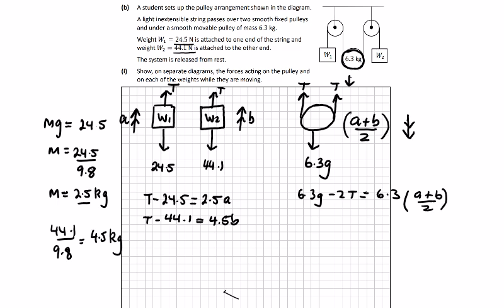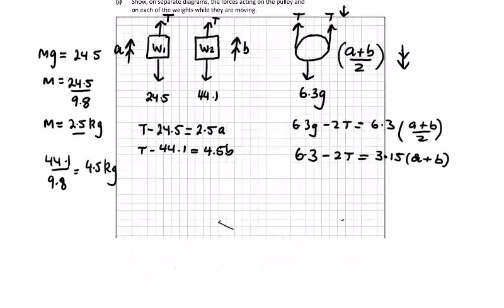So maybe the best way to do this is to get A plus B. 6.3 G minus 2T will be equal to 3.15 times A plus B. 3.15 divides into 6.3. It doesn't divide into minus 2T, so I just might leave it like this for a second.